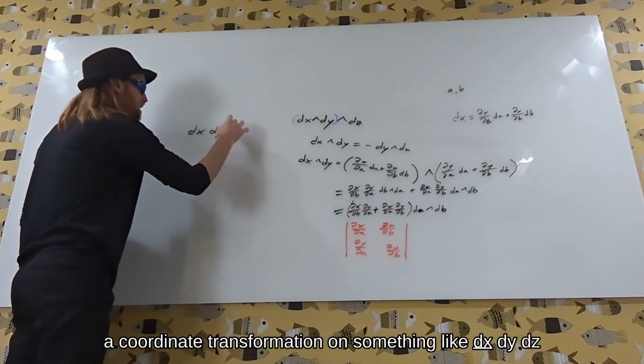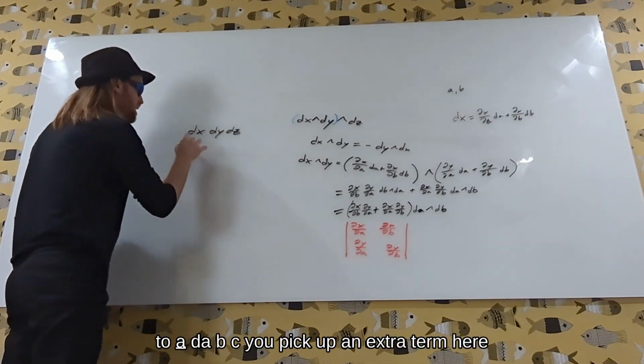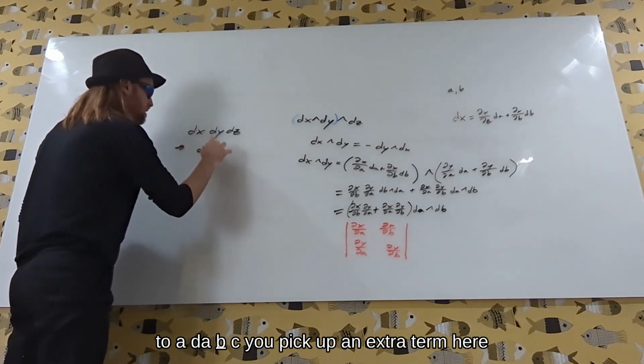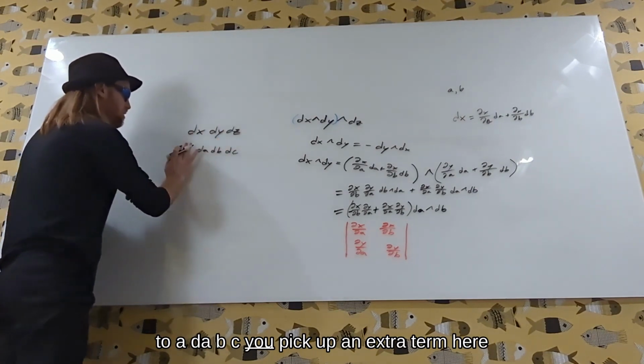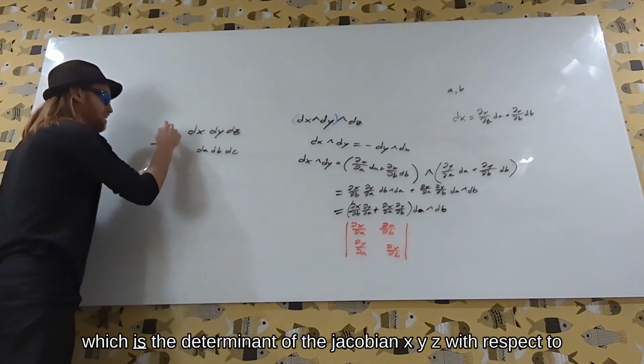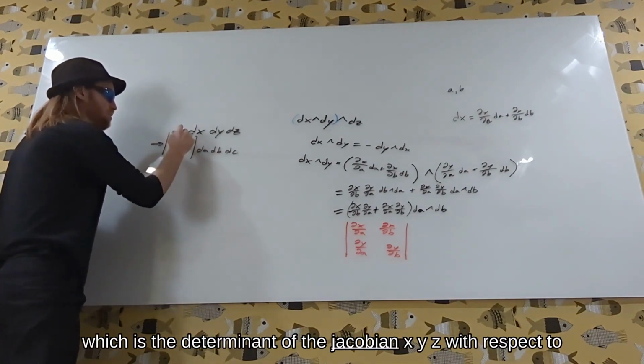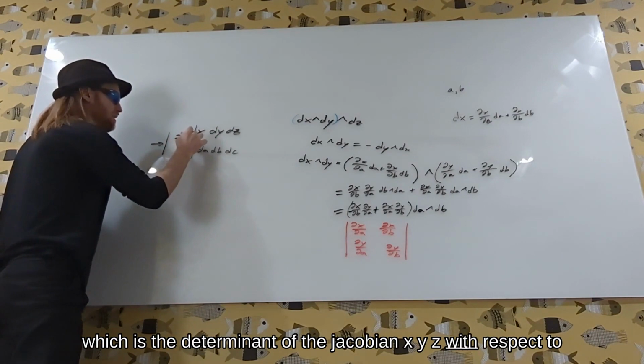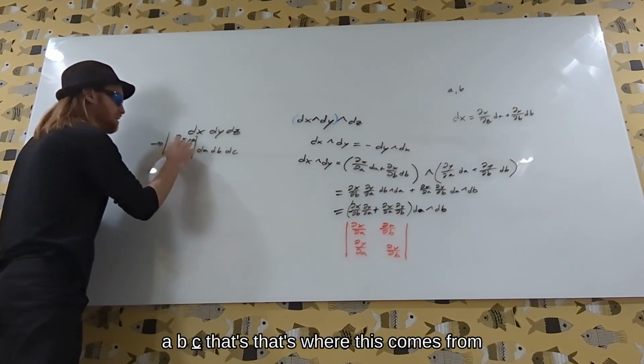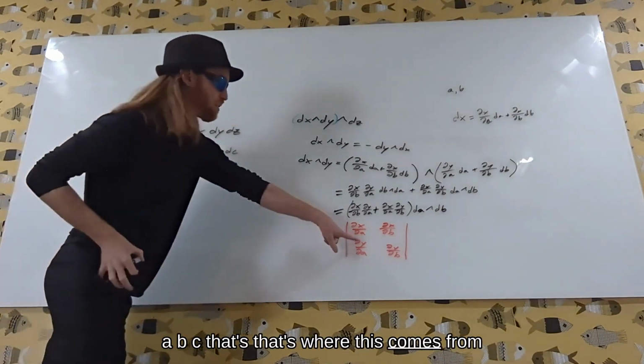something like dx, dy, dz to dA, dB, dC, you pick up an extra term here, which is the determinant of the Jacobian of x, y, z with respect to A, B, C. That's where this comes from.